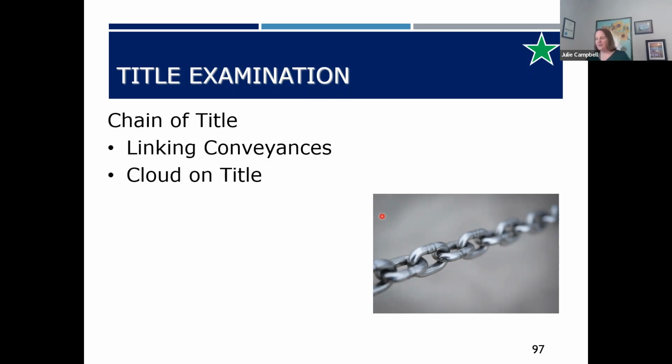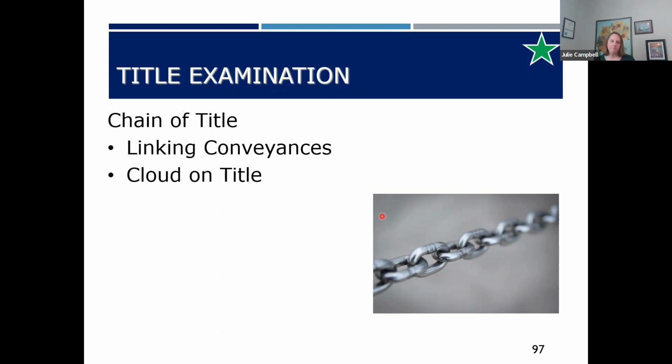Even though public records are public, searching those public records, making sure that those conveyances link, making sure whether or not there's a cloud on the title, that is the attorney's job. And that's probably the best thing that the attorney can do to represent their buyer client, is to do that very, very thorough search.